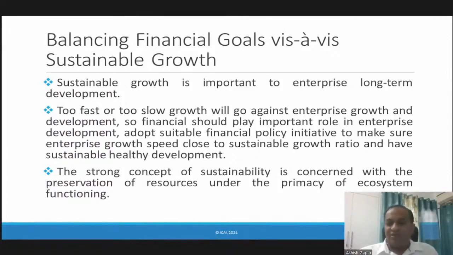The strong concept of sustainability is concerned with the preservation of resources under the primacy of the ecosystem. Now, student, there is one concept you must have studied: ESG. Environment, sustainability, and governance. It is not a new concept; it is an old concept, but now it has started gaining importance. There are some guidelines that ESG reporting has now become mandatory for some companies.